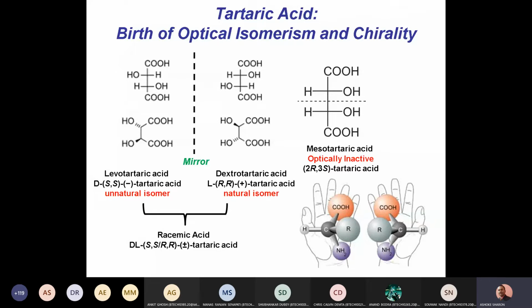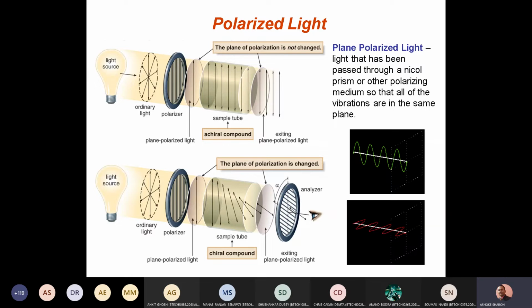First, one more thing: do I need to explain polarized light or the definition of optical rotation, or are you all fine, or should I say a line or two? Optical activity, like what is optical activity, can you explain it?